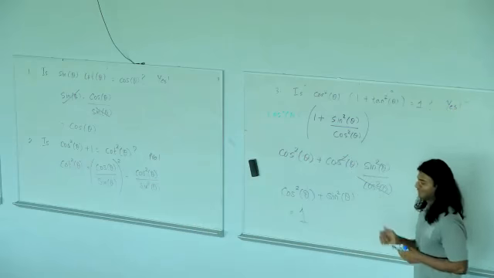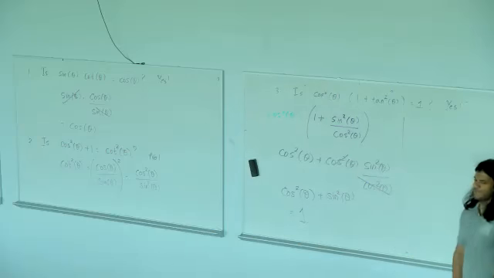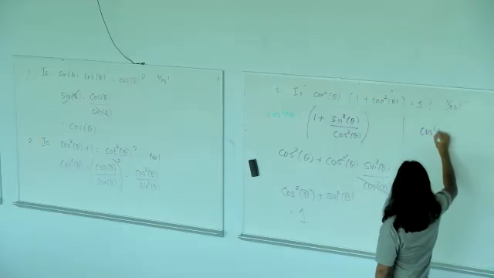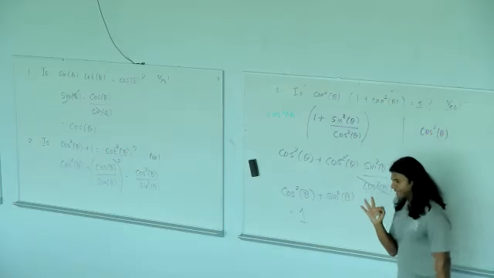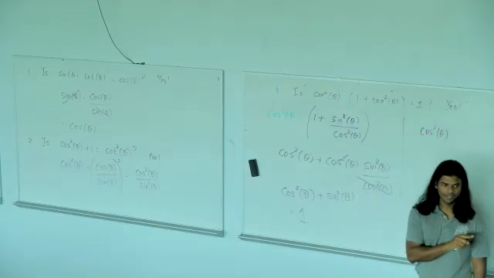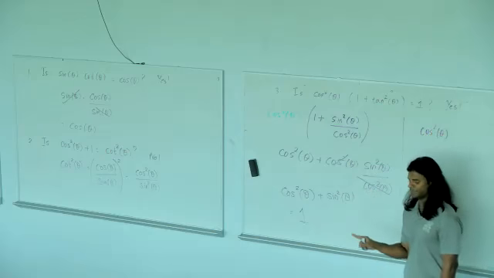Sure, this is not a bad approach, but there is an easier way. Okay, enlighten us. 1 plus tangent squared is just equal to secant squared. I wrote 3 identities at the very beginning. First one, sine squared theta plus cosine squared theta equals 1.